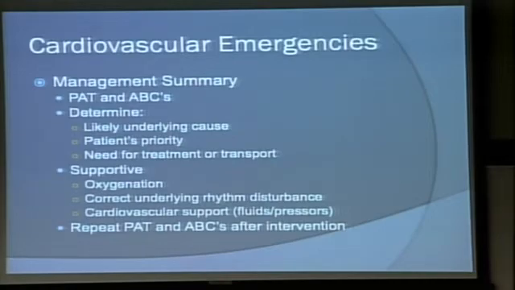If they look really sick, they're having trouble breathing, that means you need immediate temporizing care and rapid transport. So think about the underlying cause and the priority of treatment. Supportive is obviously oxygenation. They can all use oxygen. If they have an underlying rhythm disturbance like PSVT, narrow complex, treat it.